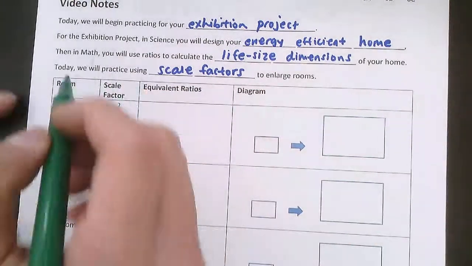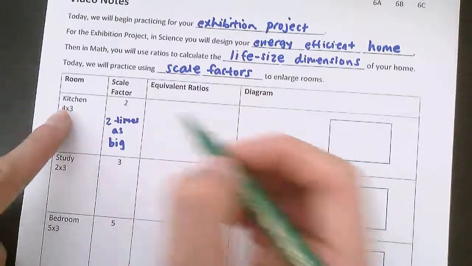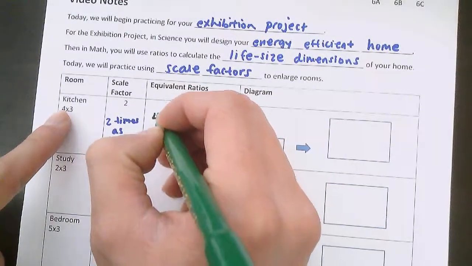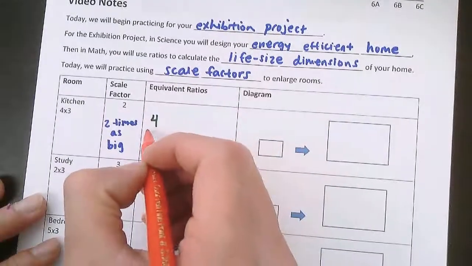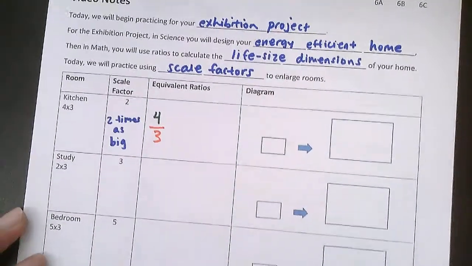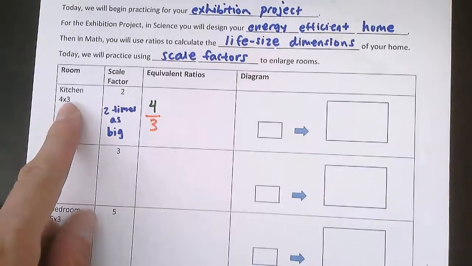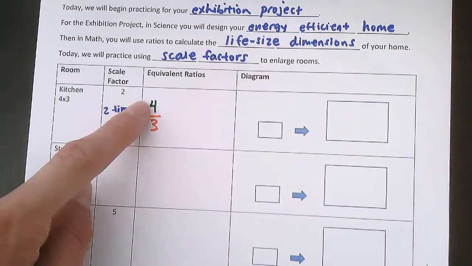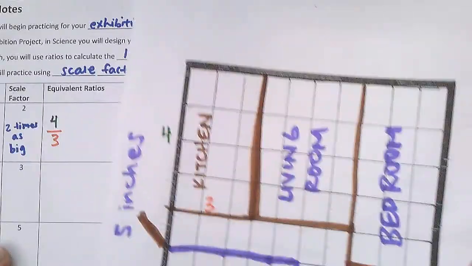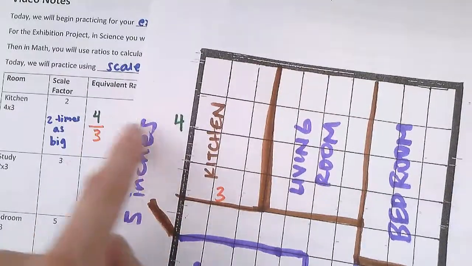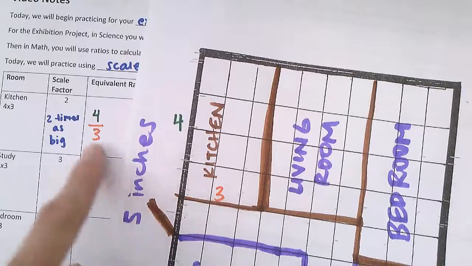So if one side of the kitchen is 4, and the other side of the kitchen is 3, we can set that up as a ratio. So 4 by 3, the ratio is 4 to 3. We're just taking the 2 walls, 4 by 3.